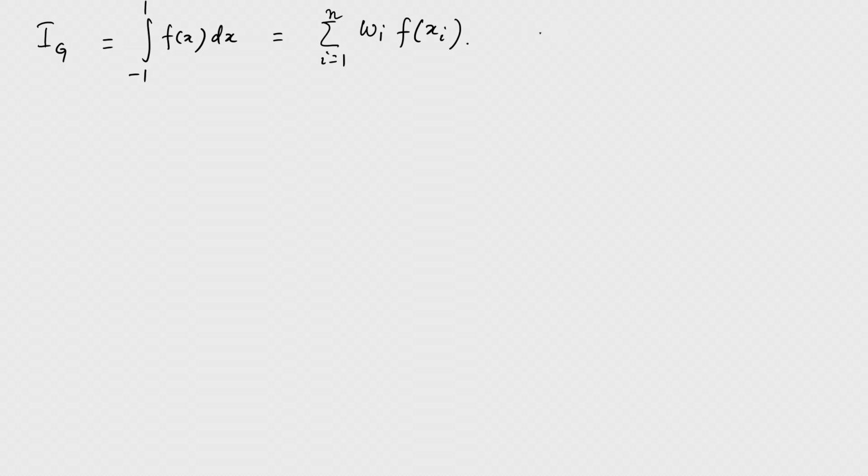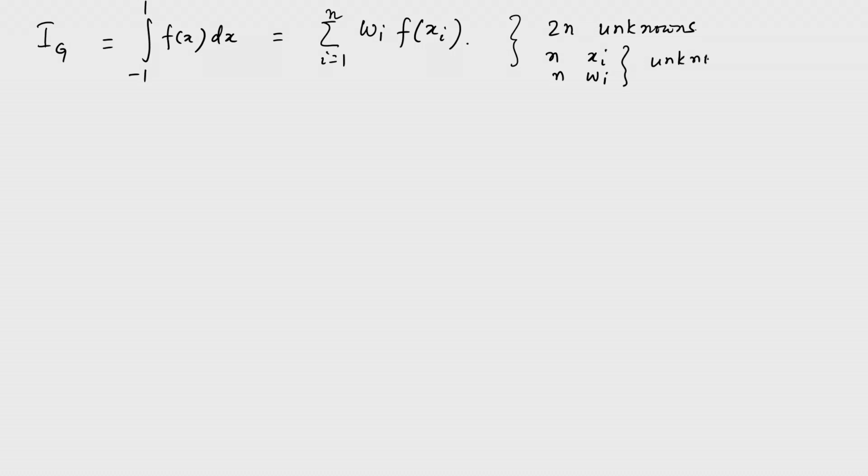So, how many unknowns do we have? We have 2n unknowns in this equation. The n xi's are unknown because where to pick those sampling points is not known to us, and also the n Wi are unknown. That is, the corresponding weight that has to be assigned to each one of the sampling points is not known.